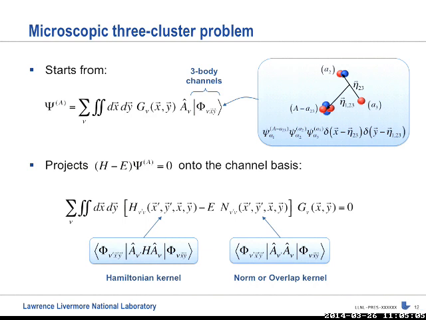once one projects the Schrödinger equation onto the channel basis, one obtains an integral differential equation for the amplitude that we are trying to find, in which one observes the Hamiltonian kernel and then an overlap or norm kernel, which are nothing else than the matrix elements of our A-body Hamiltonian and the overlap on the channel basis.